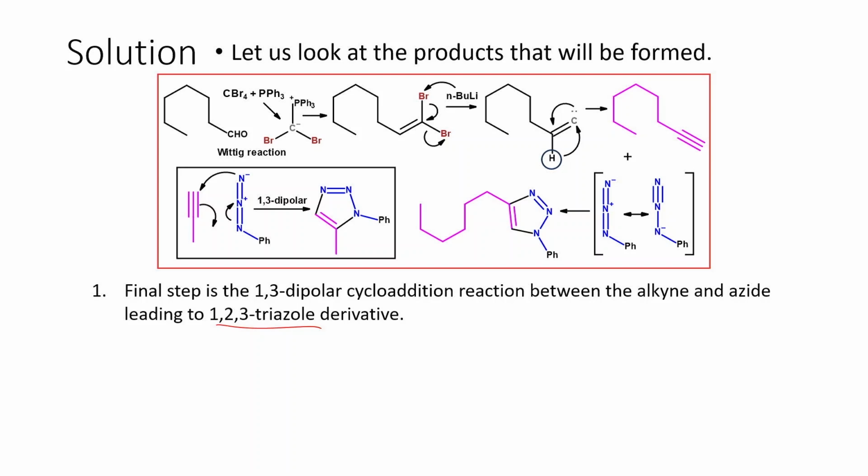Since we are using copper, we are going to get only one regioisomer as shown in this reaction. So the dipolar addition is the crucial step in this one. The obtained intermediate A is the alkyne, which is the first one given here, and this 1,2,3 triazole is the final product that will be formed as B. So option D is the correct one for this particular problem.